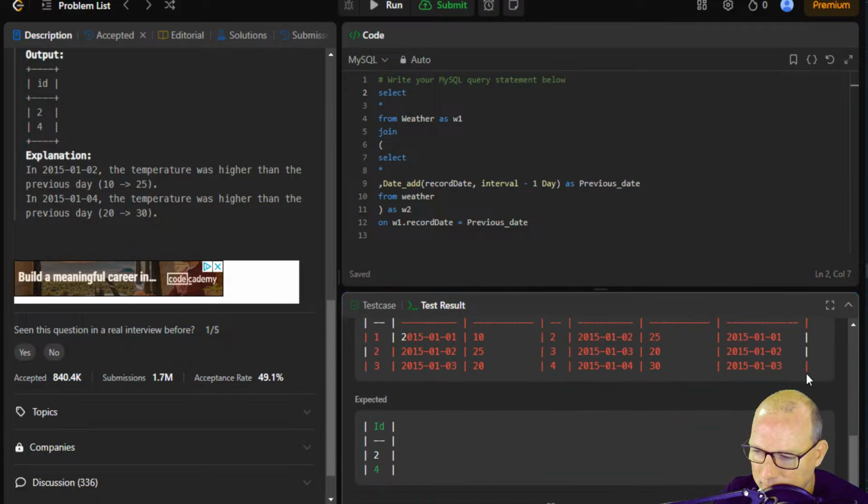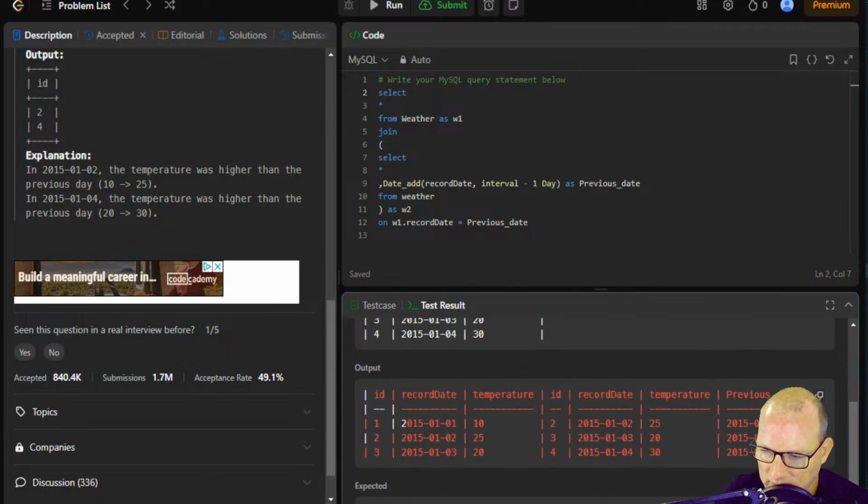All right. Let's see if we have this all matching. So we have redundant data. We don't need this record date. We don't need this ID. So here's a perfect example.